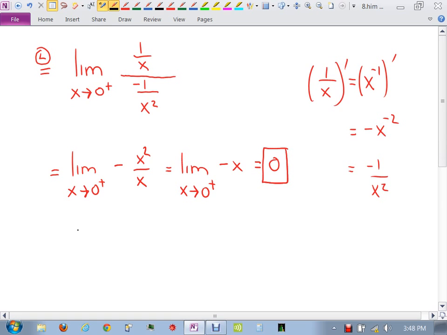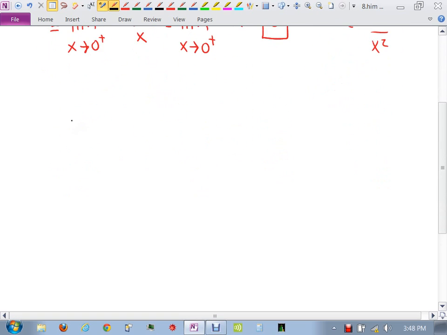Now, let's kind of revisit this one a little bit. I had the limit as x goes to 0 from the right of x natural log x. And I said, okay, that was 0 times infinity or 0 times negative infinity. And then I said I got to drop something. So I chose to drop the x, didn't I? You could have dropped the natural log.